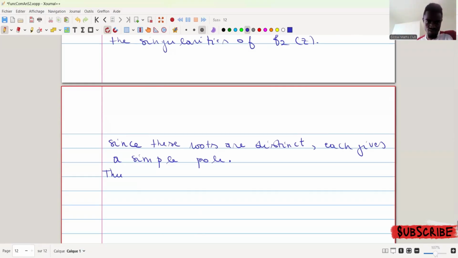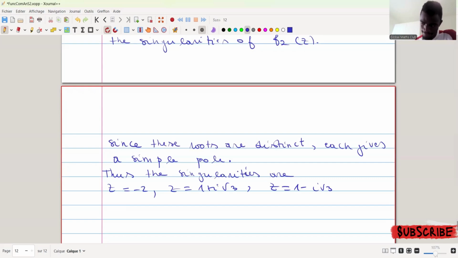So the singularities, to write again the same thing that we previously wrote, are these, and each is a simple pole.